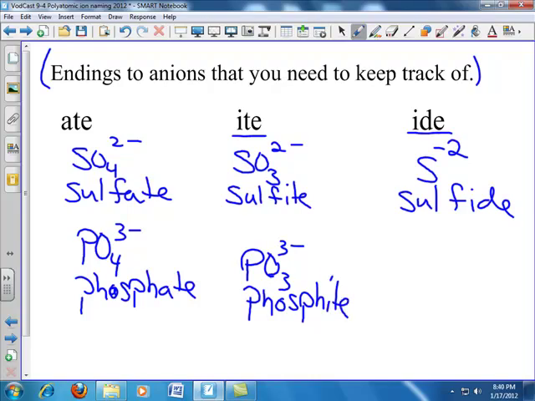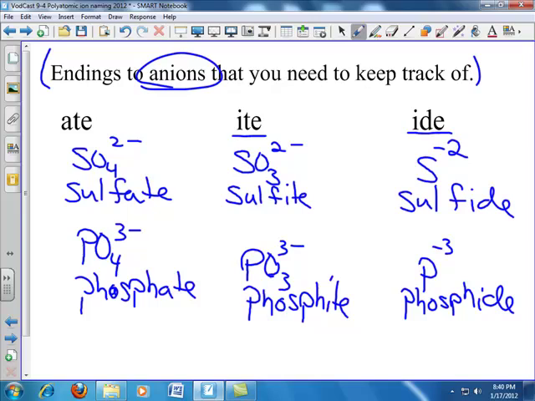And if I have P 3 minus, that's phosphide. So again, we won't change the name of the previous element. These are endings of negative ions. An anion is a negative ion that we're talking about here. So these are the negative ions.